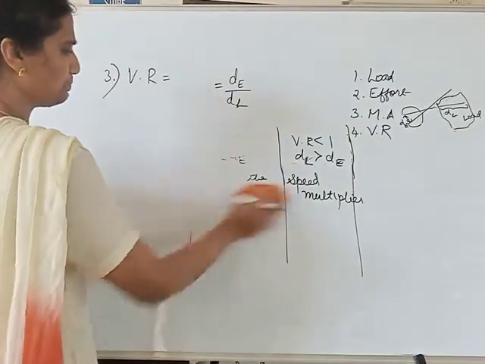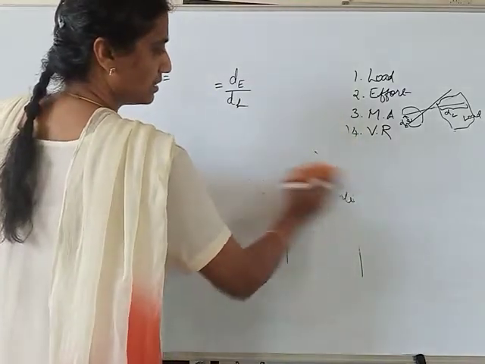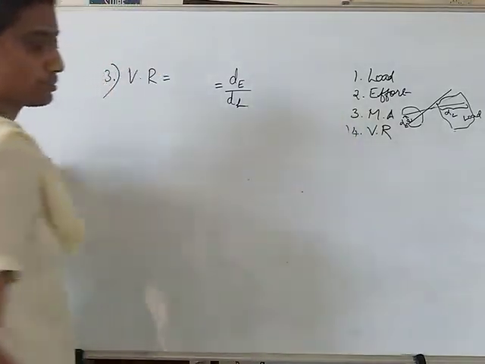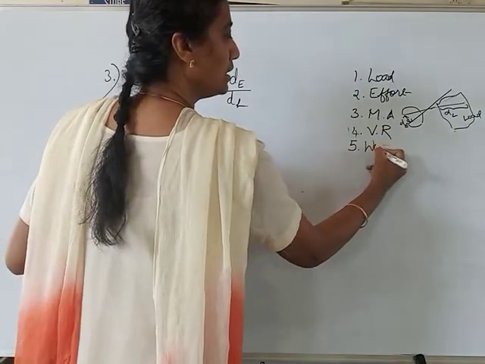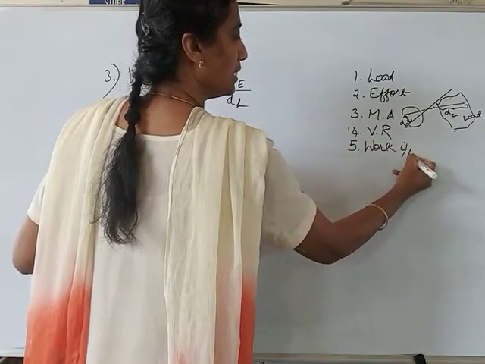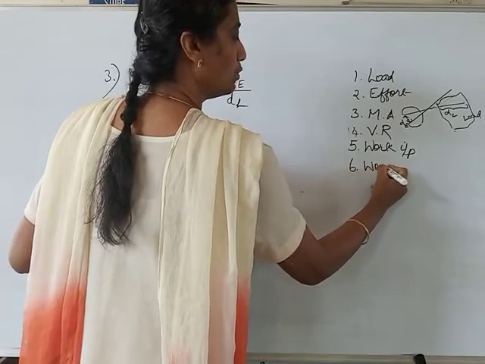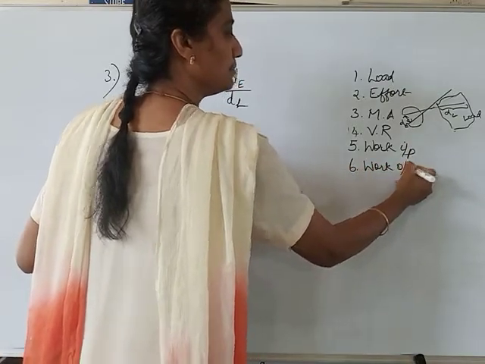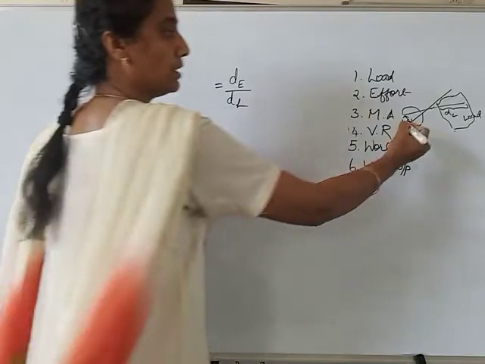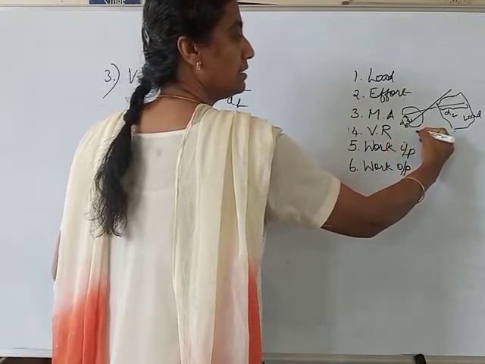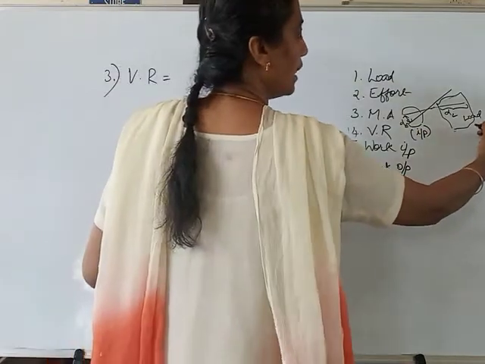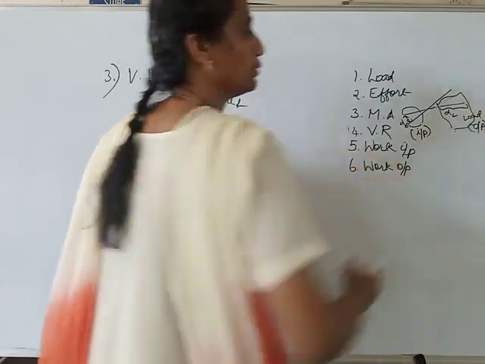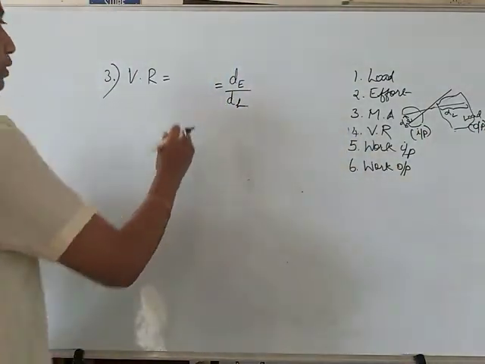Now we'll go to the other terms. The fifth term is work input and the sixth one is work output. Always remember, effort is basically the input side, and load is basically the output.